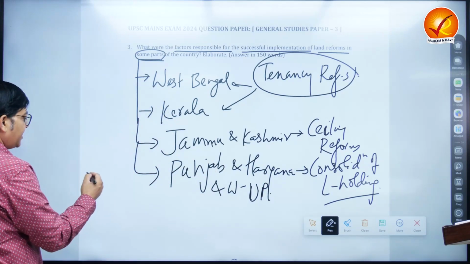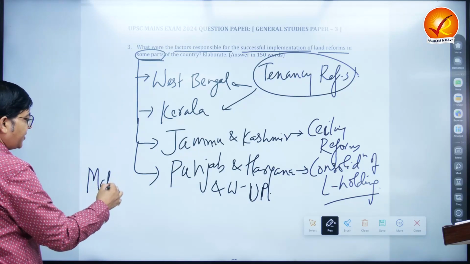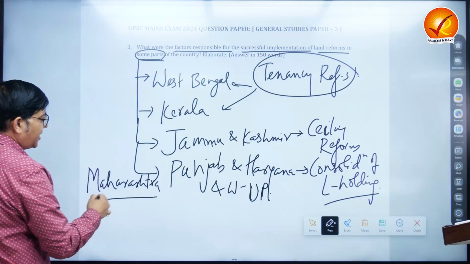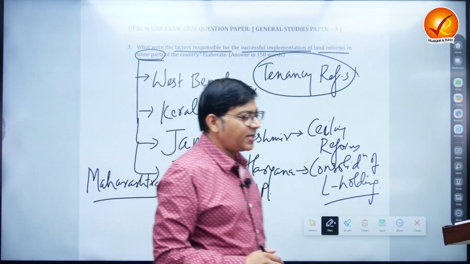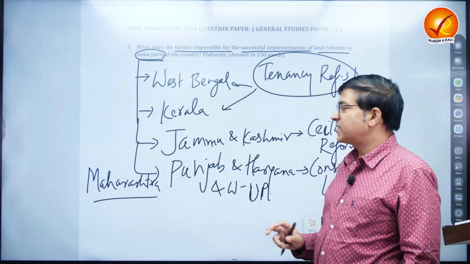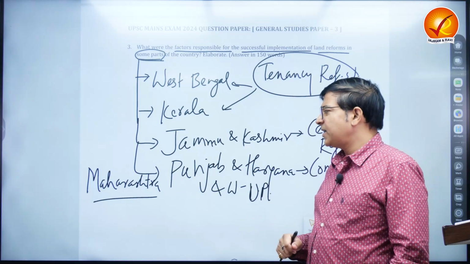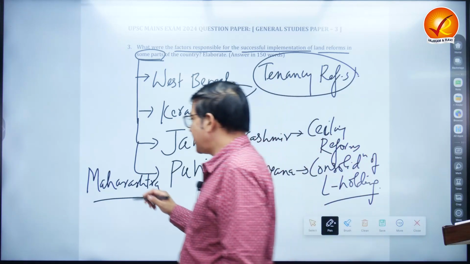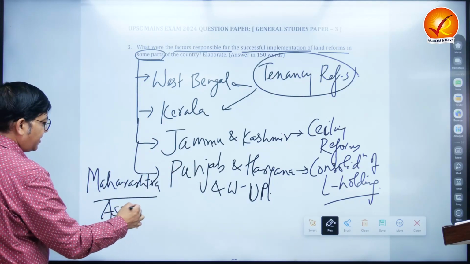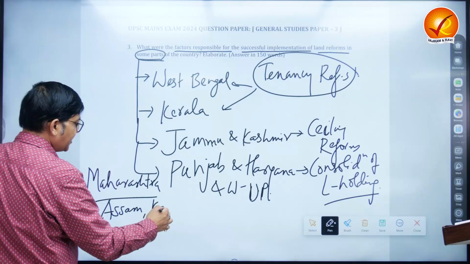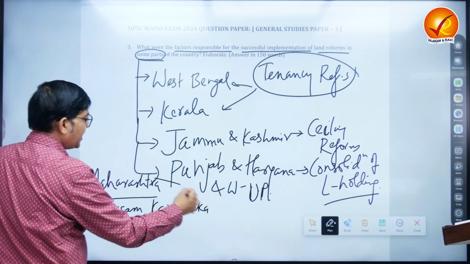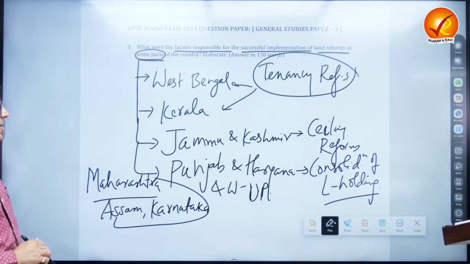For example, Maharashtra is known for decent implementation of land reforms. Use your information according to how much you know about the state-specific implementation. Maharashtra, Karnataka, Assam, these are other examples where land reforms were reasonably well implemented. If not the best, unlike the earlier ones, these were reasonably well.